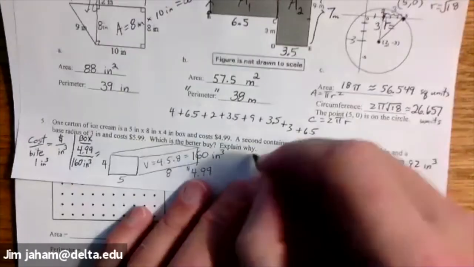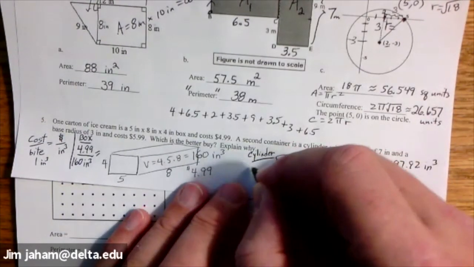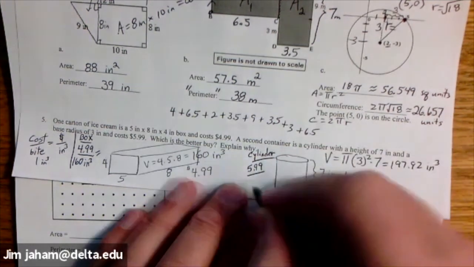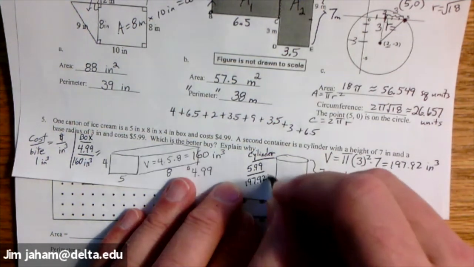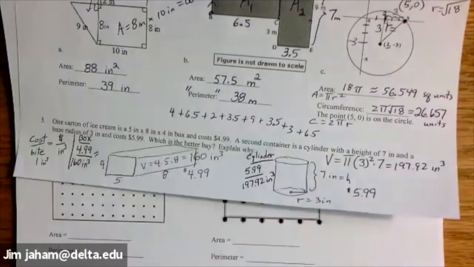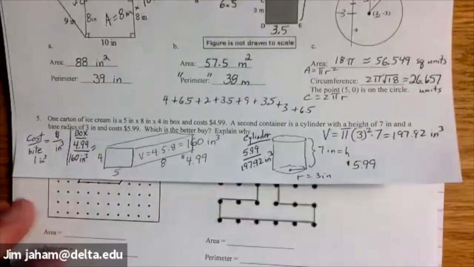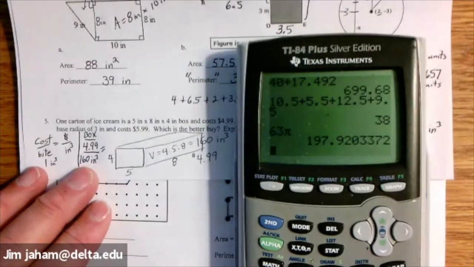And if we do something similar for the ice cream in the cylinder, it's $5.99, but we have 197.92 cubic inches. I mean, there are probably other ways to figure this out, but let's figure out what it costs per bite.